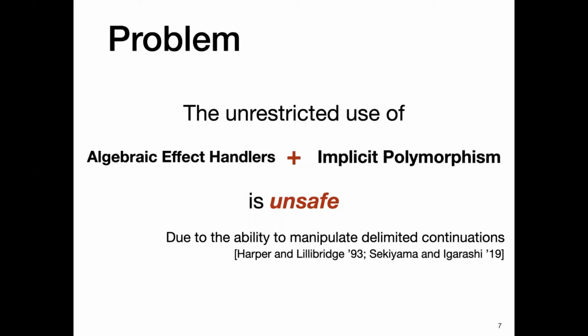This is because algebraic effect handlers have the ability to manipulate delimited continuations, but the naive combination of the use of continuations and implicit polymorphism is known to be unsafe. So this is a problem we attack in this work.